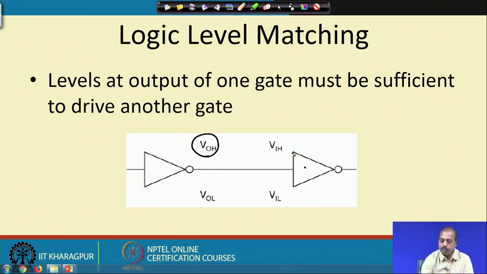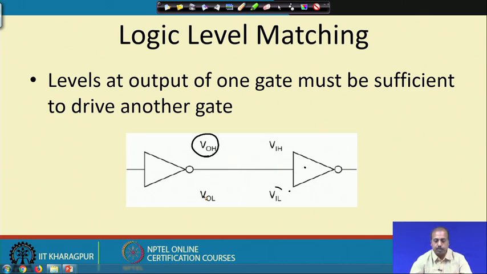So, if the second gate takes anything above VIH as high, VOH must be above that. Similarly, if the second gate takes anything below VIL as low, the VOL value of the first gate should be lesser than that, otherwise there will be a misinterpretation.